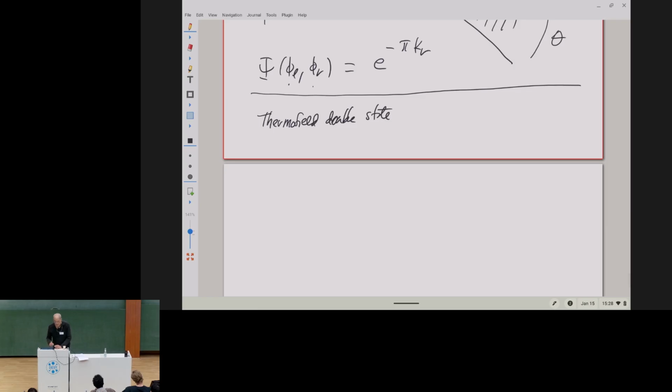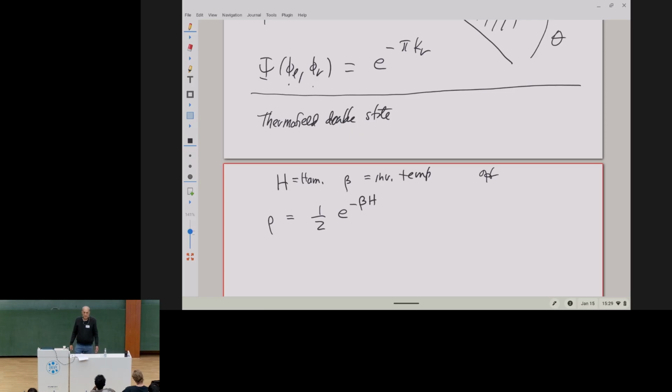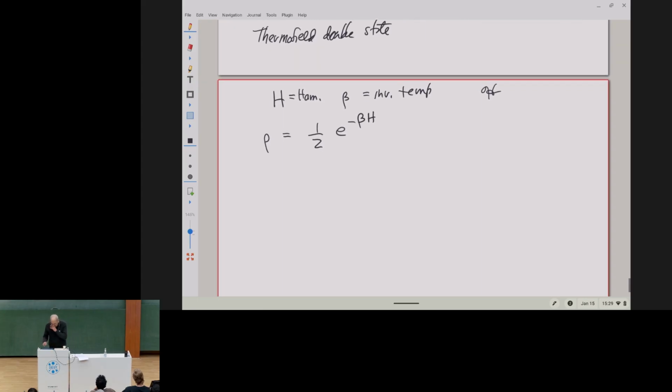So we've discovered that Rindler space is a kind of thermal system. Let's discuss thermal systems in general. If you have a Hamiltonian H, inverse temperature beta, on a Hilbert space curly H, then you have a thermal density matrix 1 over Z times e to the minus beta H. That's a nice example of a density matrix, but that density matrix has a particularly nice purification, which is called the thermofield double.